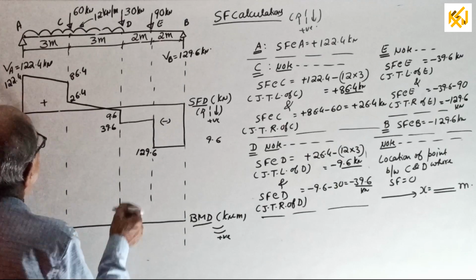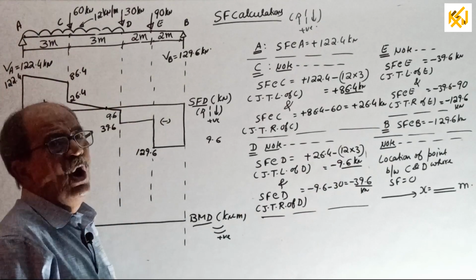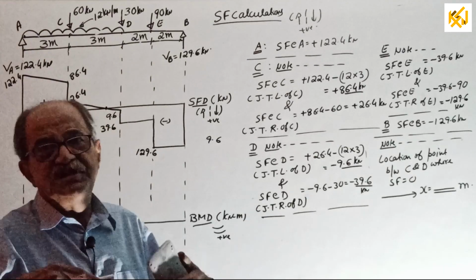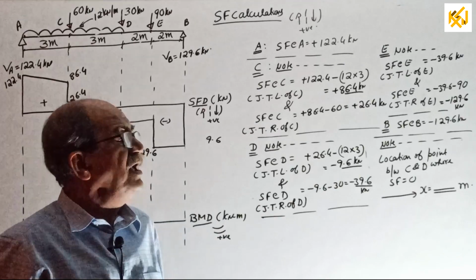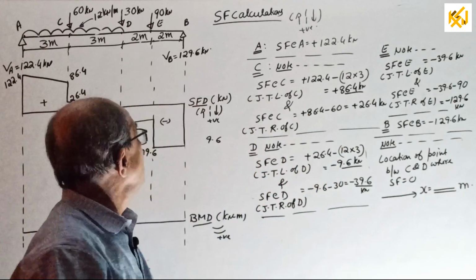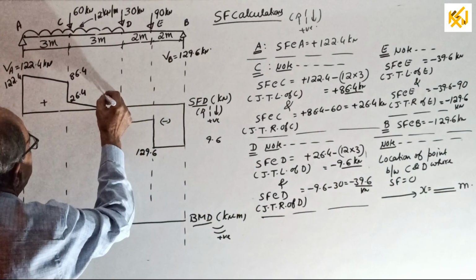Yes, it is crossing the baseline somewhere here. Is it a known or unknown point? No, it is not known. If it is unknown, locate it. First name it. A, B, C, D, E over. I will call the point F.